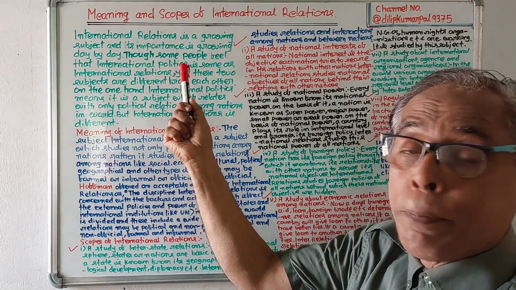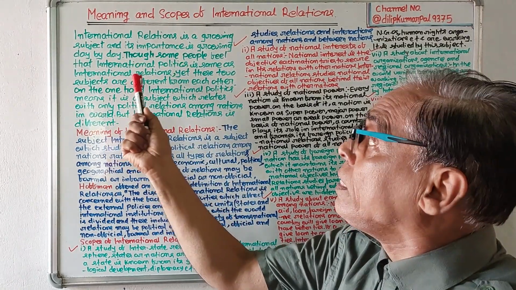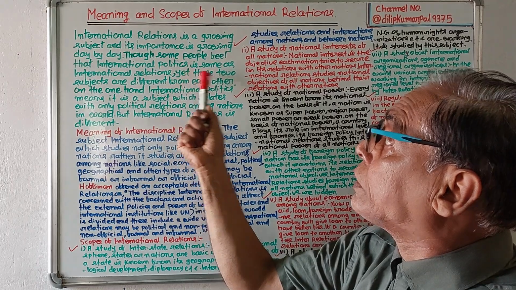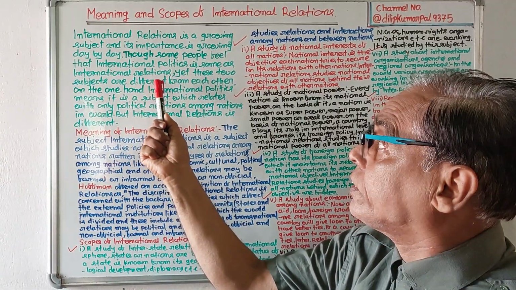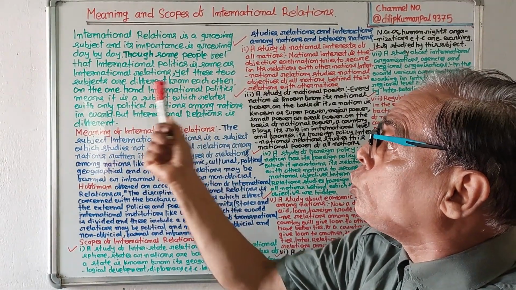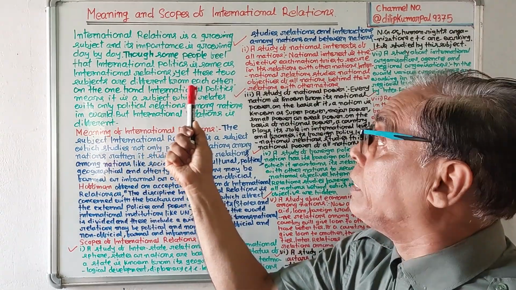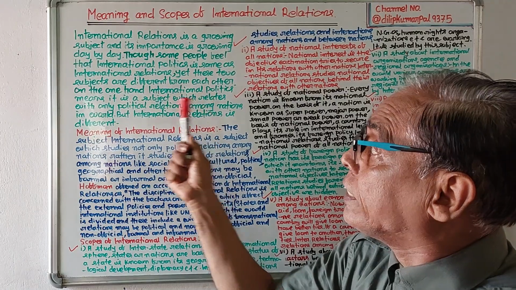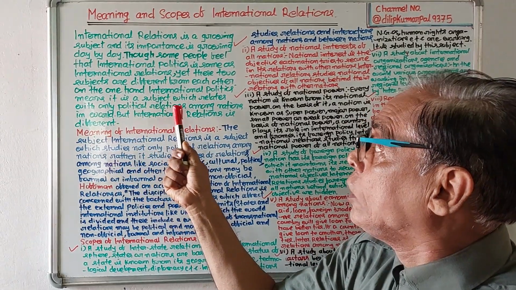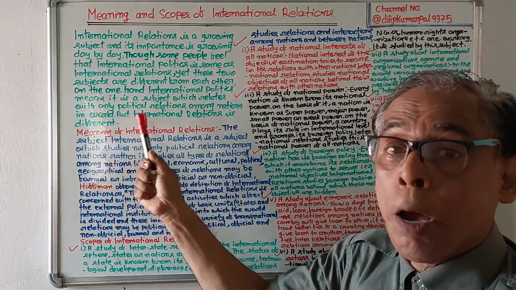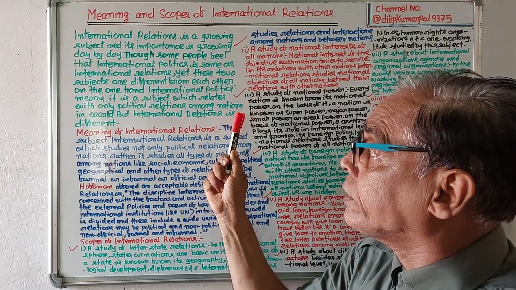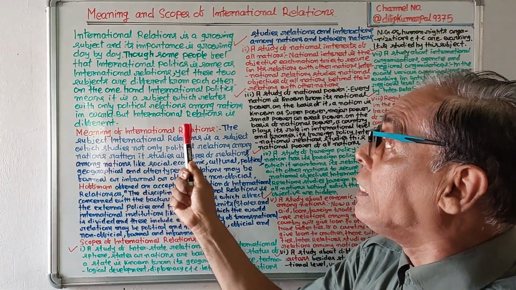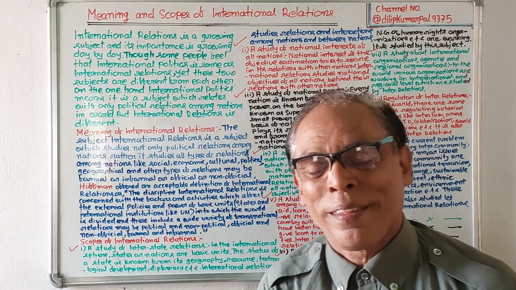Though some people feel that international politics is the same as international relations, yet these two subjects are different from each other. International politics is a subject which relates only to political relations among nations in the world, but international relations is different.